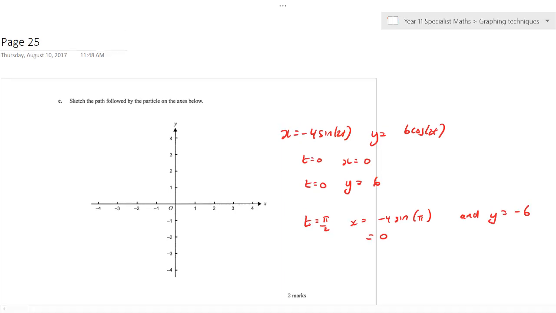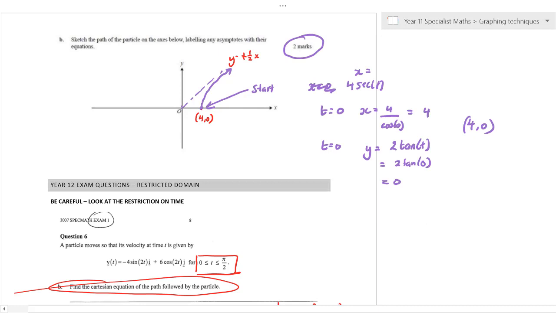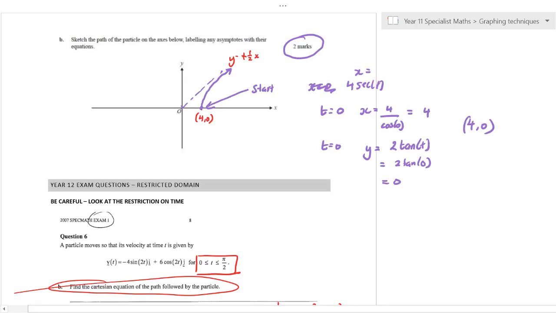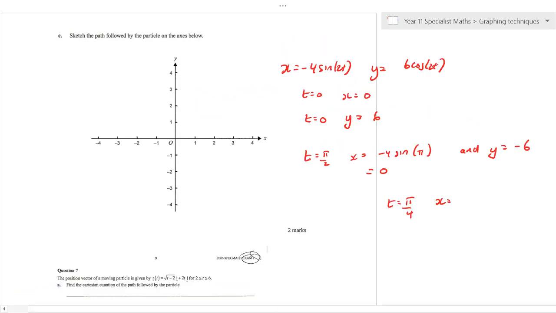So let's do t equals pi on 4 to see which way it's going. At t equals pi on 4, x is equal to minus 4 sine of pi on 2, which is equal to minus 4, and y is equal to 6 cos of pi on 2, which is equal to 0.